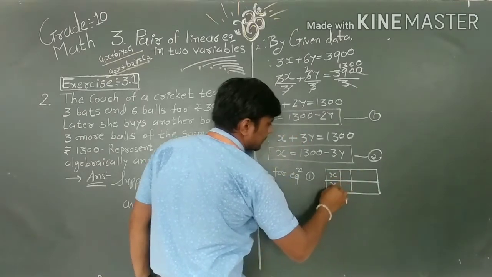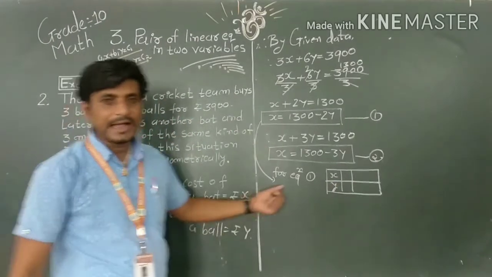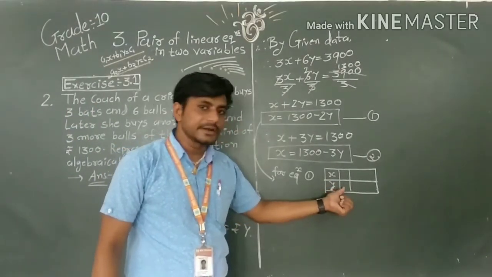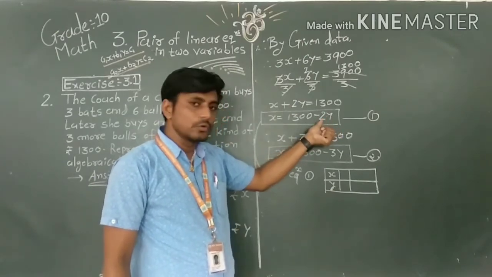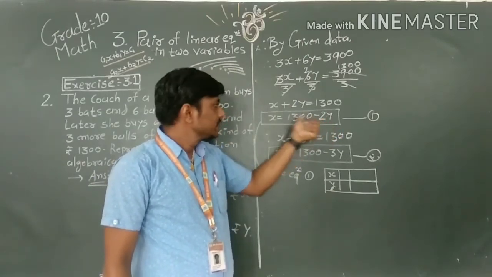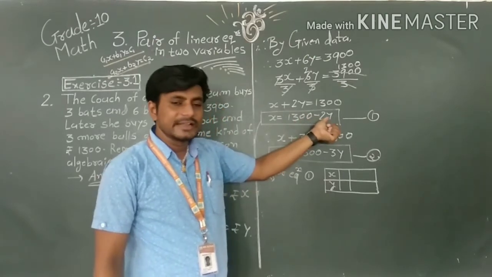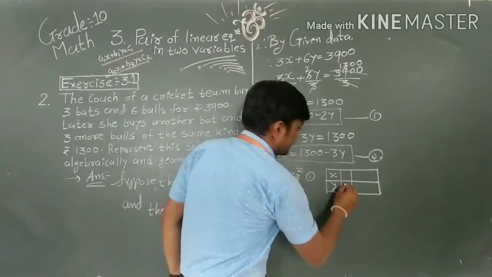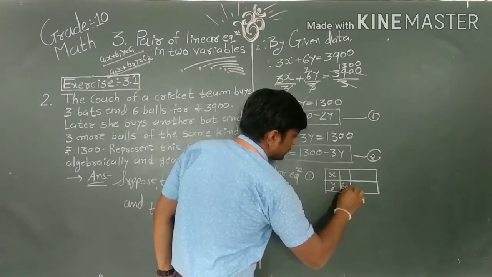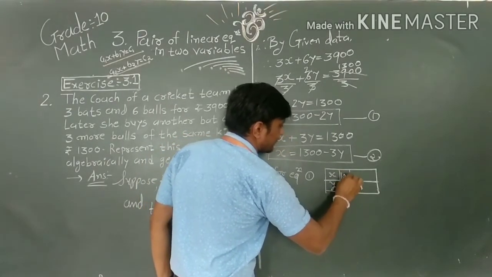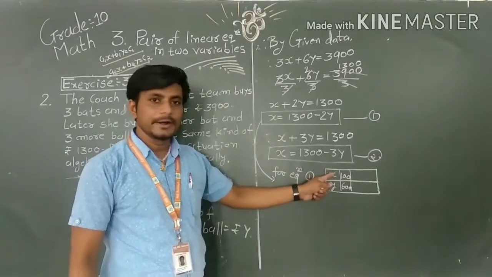Suppose for y I take 600. What happens if we put 600 here? 600 into 2 is 1,200. 1,300 minus 1,200 is 100. If we take y as 600, we get the value of x equal to 100.